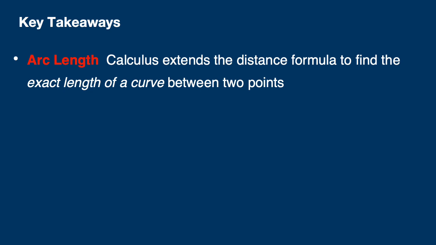Let's wrap up with our key takeaways from this lecture. First, arc length. We learned calculus extends the distance formula to find the exact length of a curve between two points. There are two formulas for arc length.